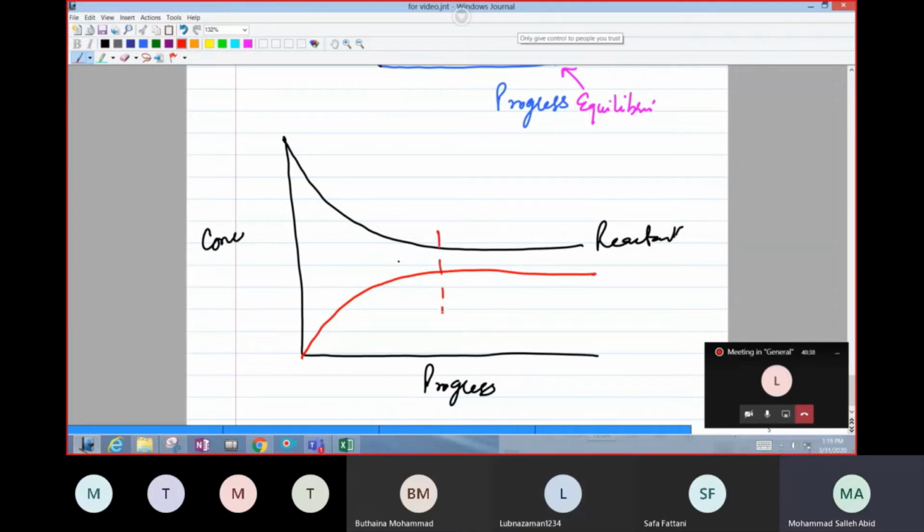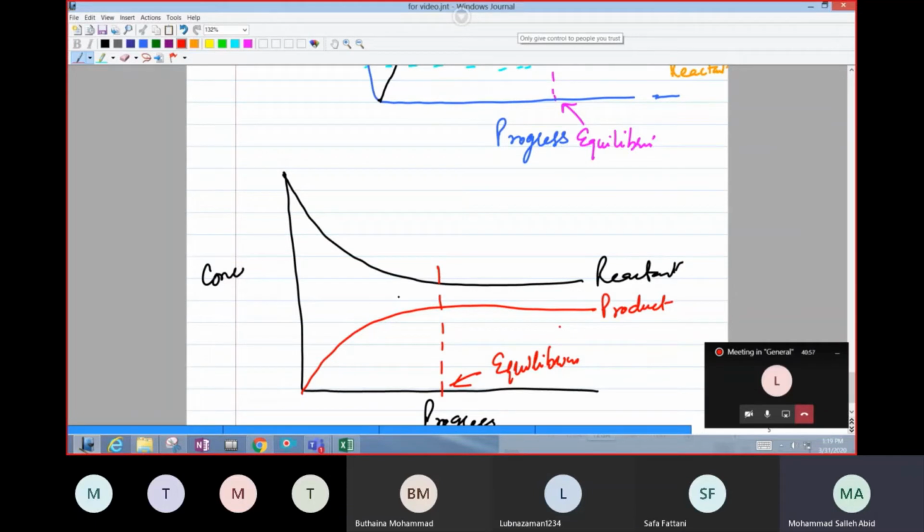So here also they become constant. So you can see it's not important that the reactant amount has to be less. It can be more or less, anything. What is important is that the amount of the reactant and the product remain constant. Is this clear?